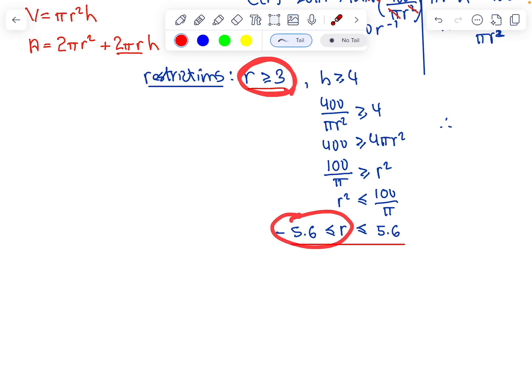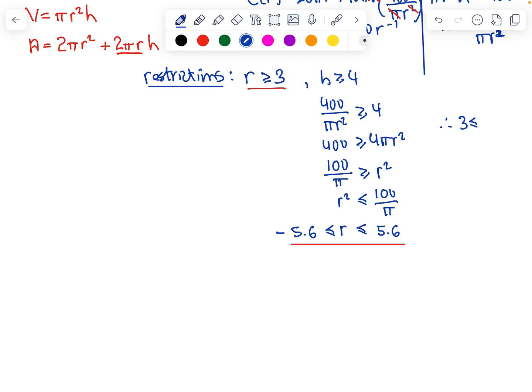So we always have to pick the more restrictive value. So the more restrictive value is that we have to be bigger than 3. So that's my lower bound. And my upper bound, the only one that I have is this here, that r has to be smaller than or equal to 5.6. So there's my upper bound.